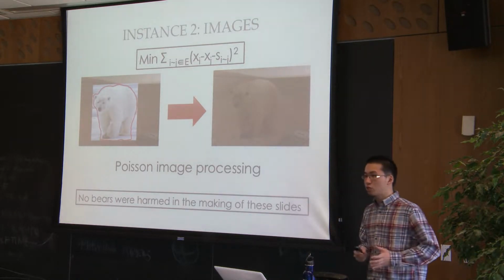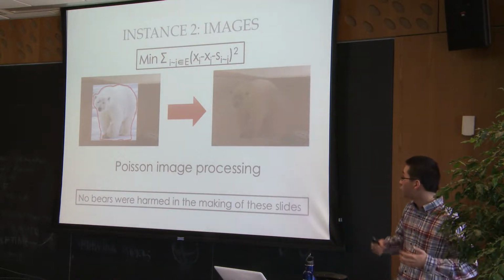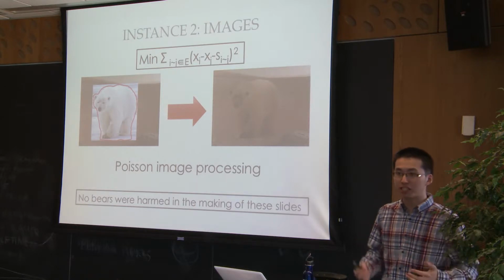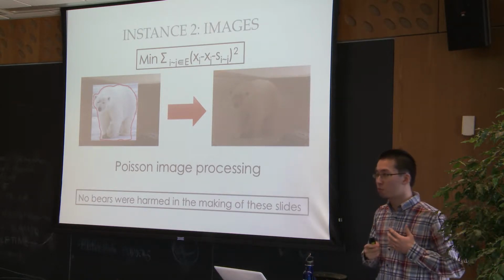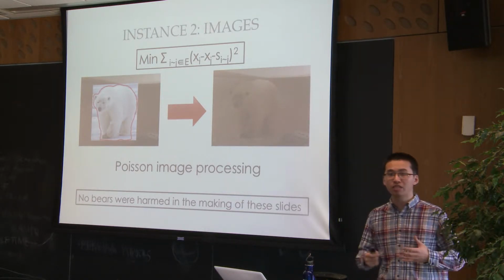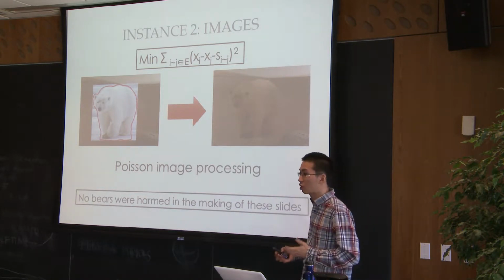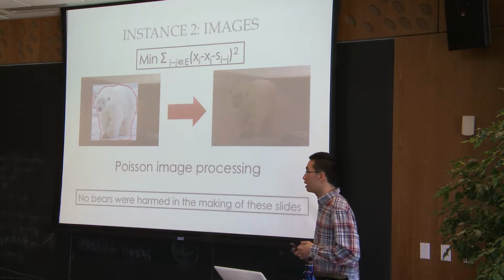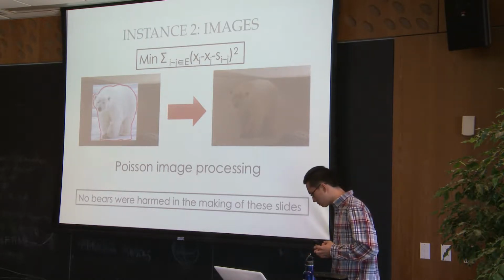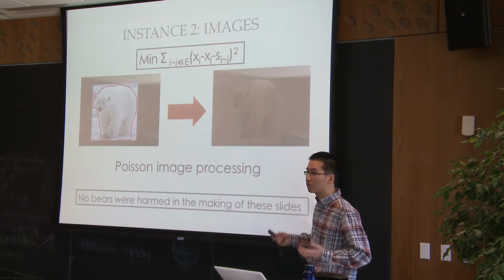Also, the other setting which I've looked at more personally is the setting of image processing, where a lot of these image processing objectives tend to become minimizing some type of energy function, for example, total variation or hinge loss functions.